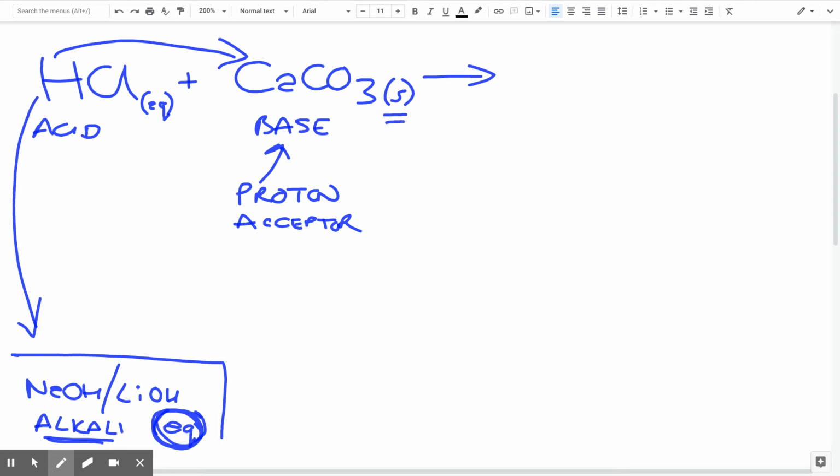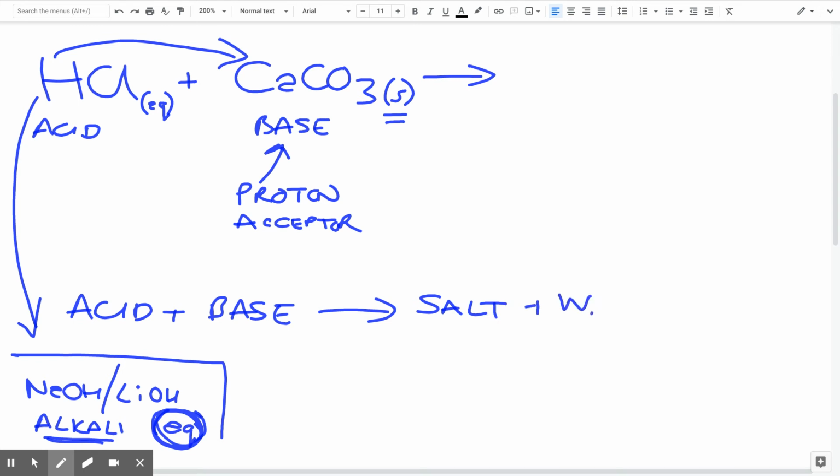Now, overall, an acid plus a base reaction is the same as an acid-alkali reaction, or an acid-alkali reaction is the same as an acid-base reaction. It's probably more correctly worded in that an acid plus a base will still give a salt plus water. So we can see from this substance here that we've got hydrochloric acid.